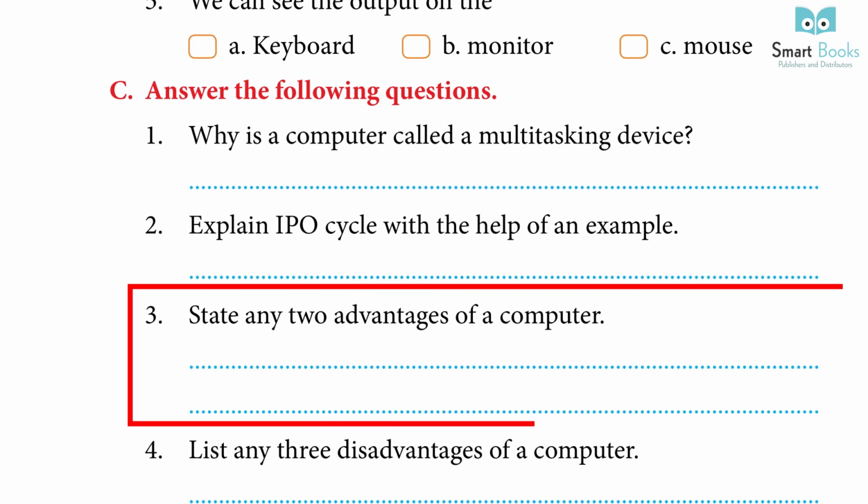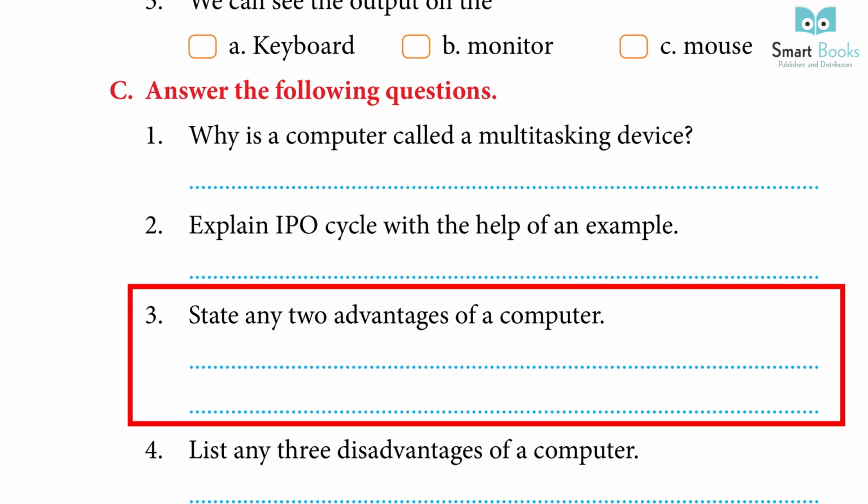3. State any 2 advantages of a computer. Answer. Speed. A computer is a very fast device. It is capable of processing a large amount of data in very less time. Storage. A computer has much more storage capacity than humans.